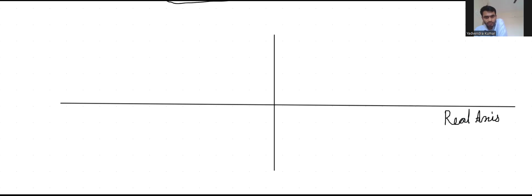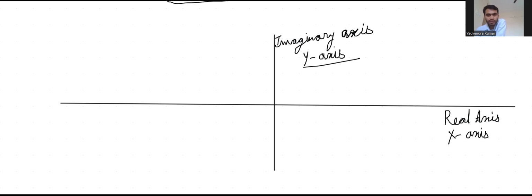And this is called the imaginary axis. And of course, this is the x-axis, similar to our coordinate system, and this is the y-axis. So the y-axis is called the imaginary axis, right?